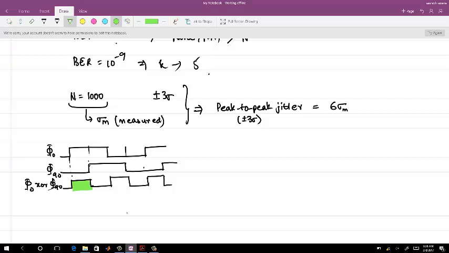So if I have a period jitter, what will happen in this case? I will have this clock and the second clock.